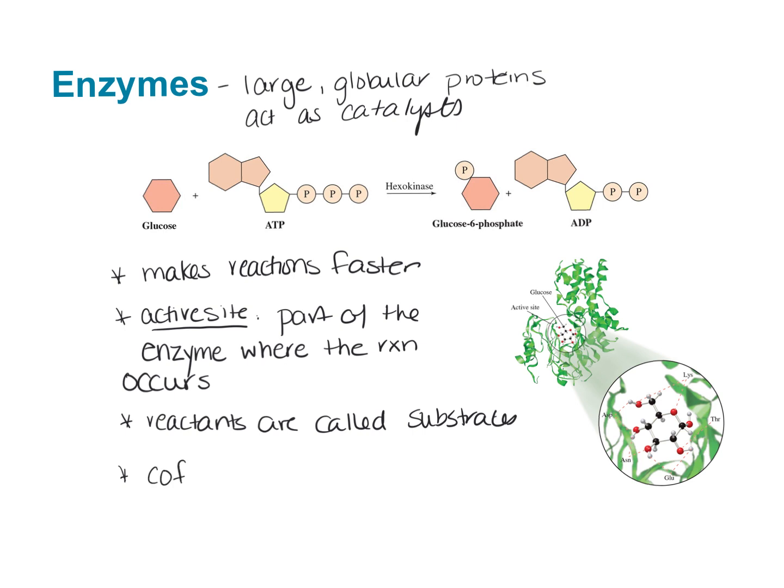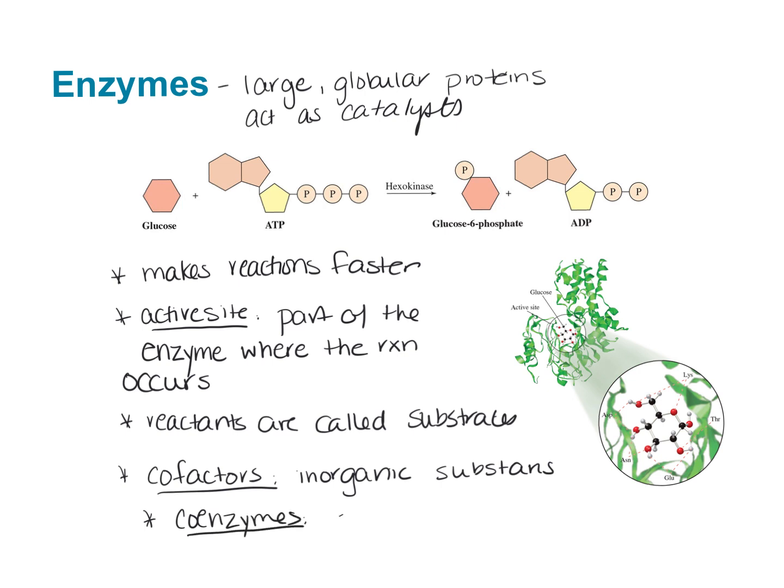One of those players are things called cofactors. These are inorganic substances, like metals, for example. And then we also have coenzymes, and coenzymes are just small organic molecules that help with biological reactions.